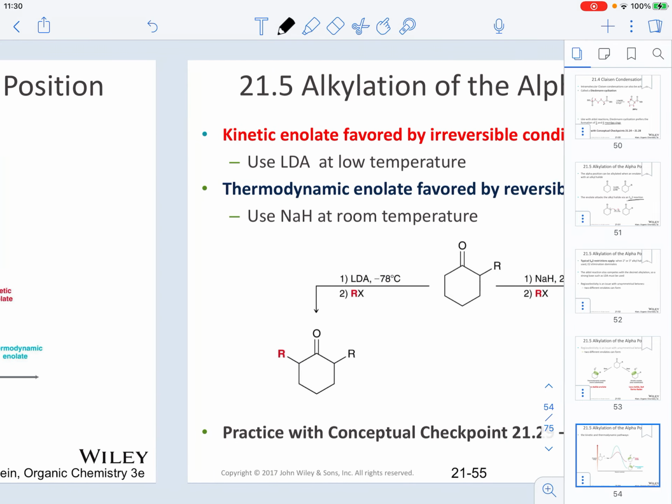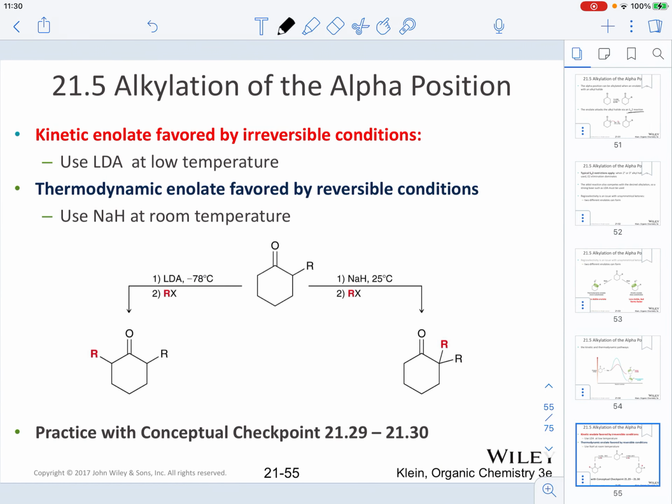But it is important to note that the kinetic enolate is favored by irreversible conditions, meaning if you use LDA at low temperature, while the thermodynamic enolate is favored by reversible conditions, meaning if you use sodium hydride at room temperature. So as you can see illustrated in the following example, depending on the type of alkylation that you want in your product, you may be leaning towards the use of LDA or the use of sodium hydride.